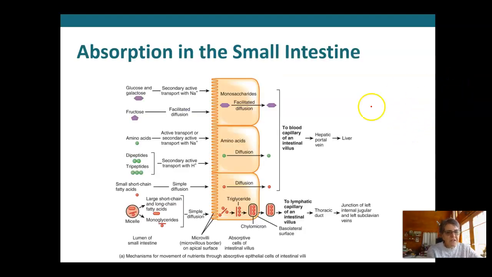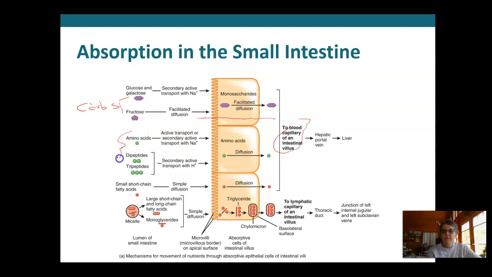All right, well, that's good to know. This is an overview, but we're going to dissect this when we fill out the table together. So what I have is carbs being converted into simple sugars that go across the small intestine microvilli and enter into a blood capillary.